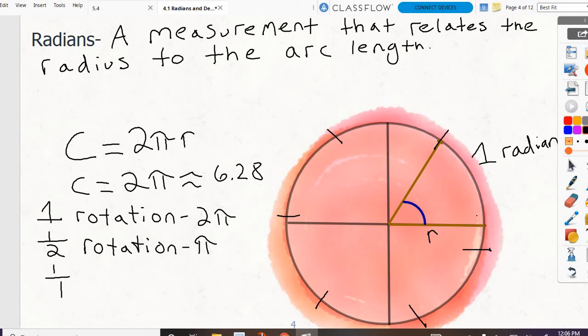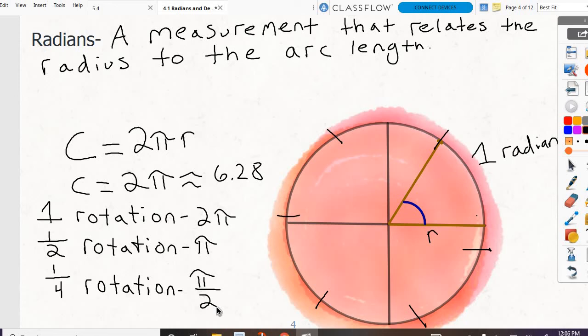What about a fourth of a rotation? Pi over 2. So what does that mean that pi is equivalent to? 180. And what is pi over 2 equivalent to? 90.